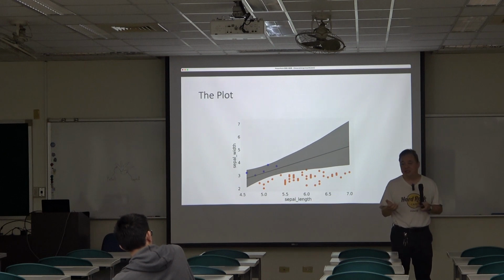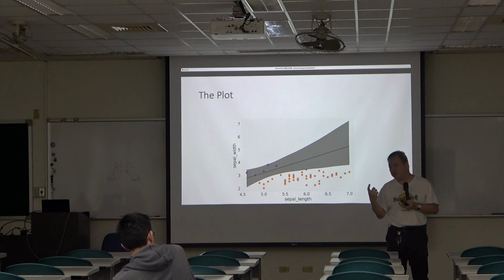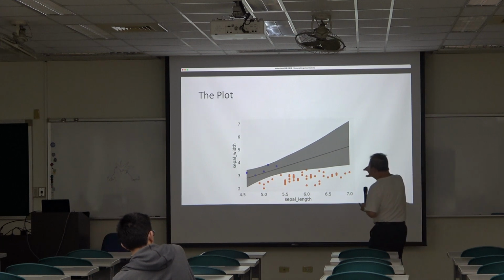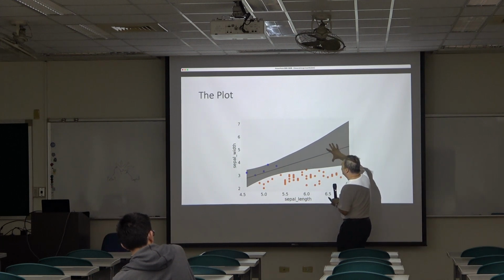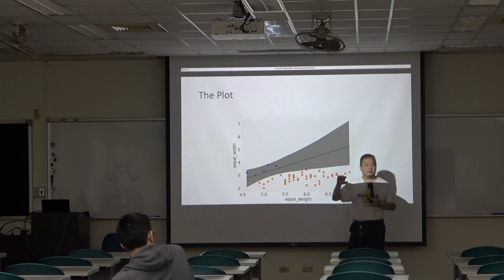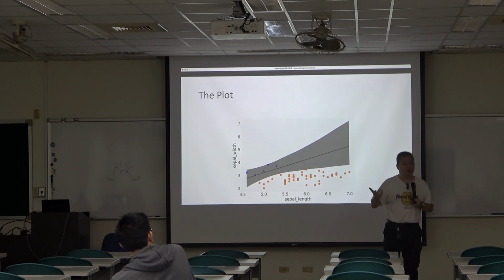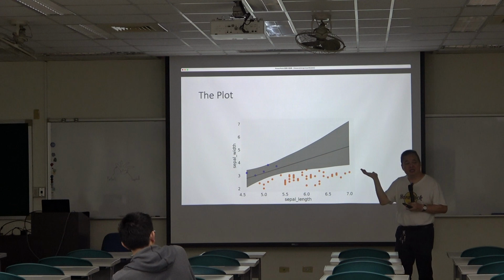This is the first thing. The second thing, obviously, is that we get a much wider 94% HPD for the boundary.